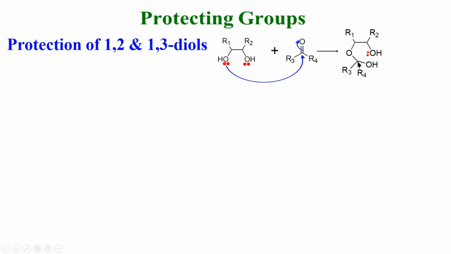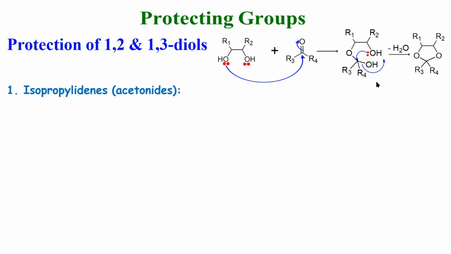Onto this positive center, lone pair of electrons from the adjacent hydroxy group attacks on it and H2O gets kicked off and it gives rise to corresponding acetonides or isopropylidines. In other words, they are protected in the form of isopropylidines, which are also called as acetonides.